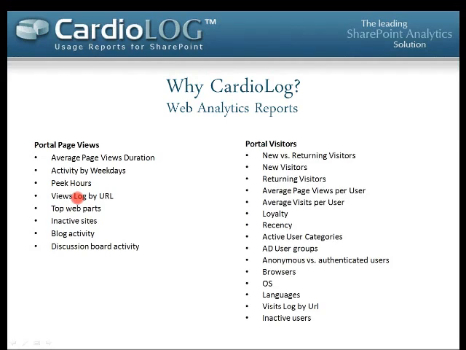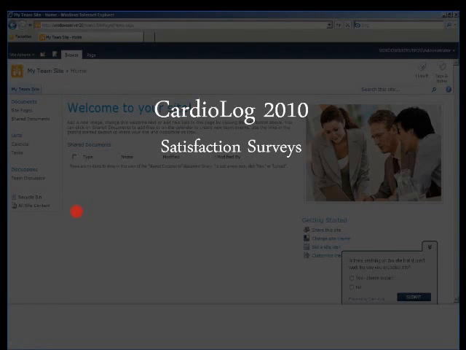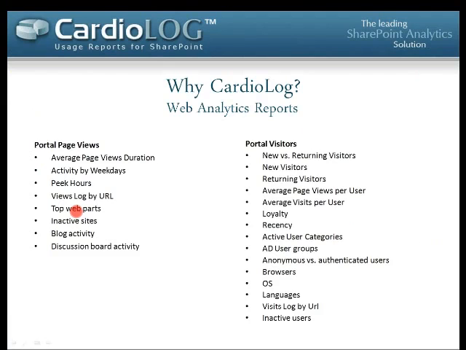We give a views log, a real audit log for user behavior within the portal. The top web parts report, an inactive sites report, reports pertaining blogging activity and discussion board activity.